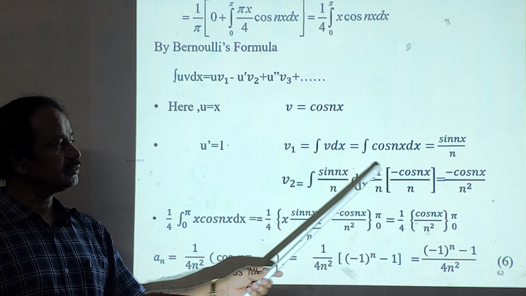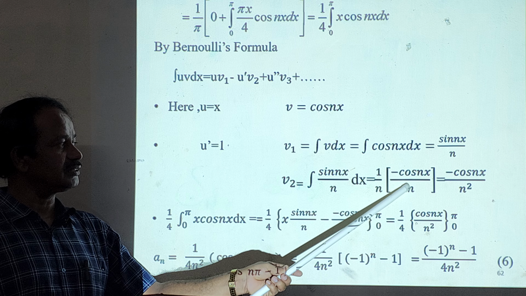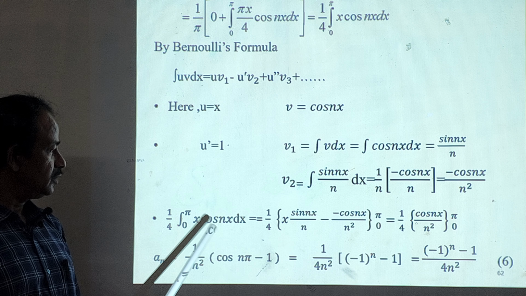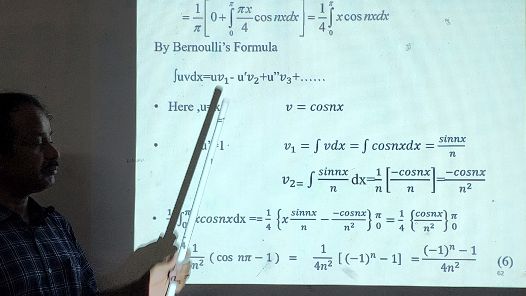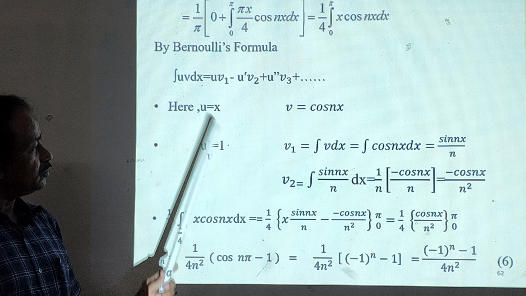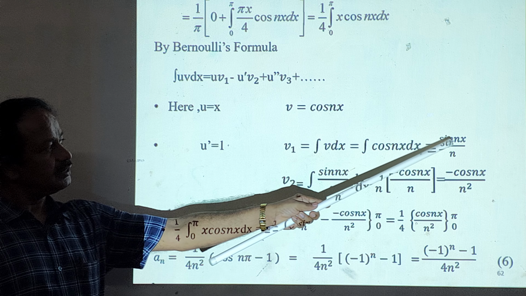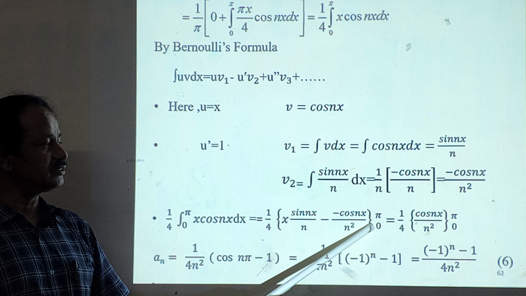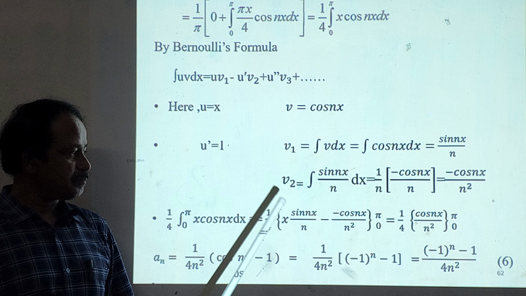So sin nx on integration will give minus cos nx by n, so that is simplified as this term. Substituting in Bernoulli's formula, we have 1 by 4, x times sin nx by n, minus cos nx by n squared, from 0 to pi.